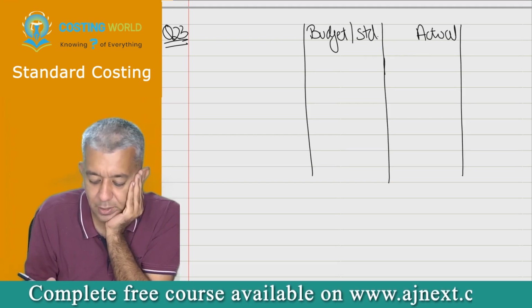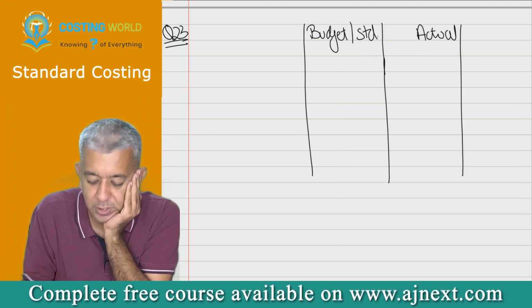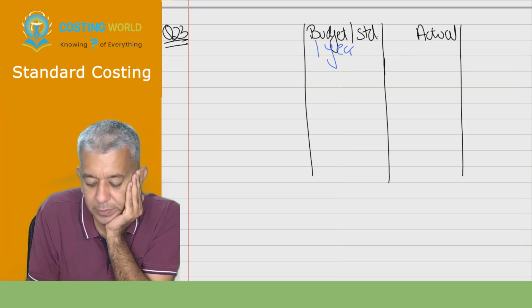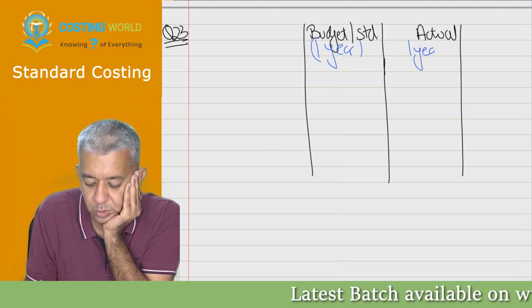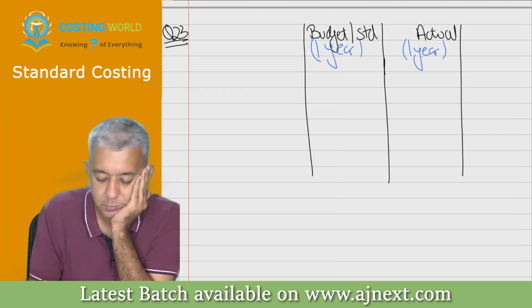I am making the format for 23. Once 22 is done, then you all make the format. 23 is on fixed overheads. You will not be able to do it also. We have not learned that till now. Okay.